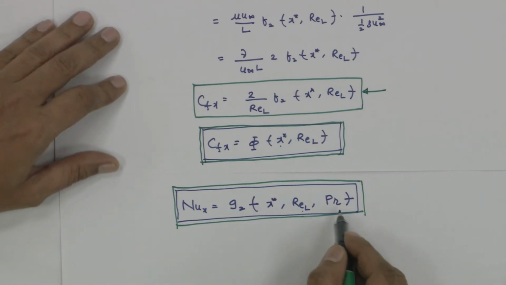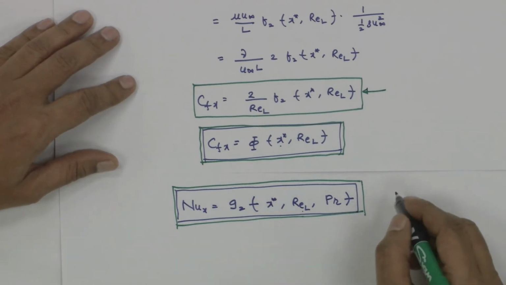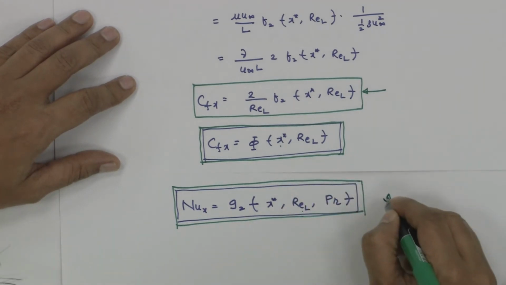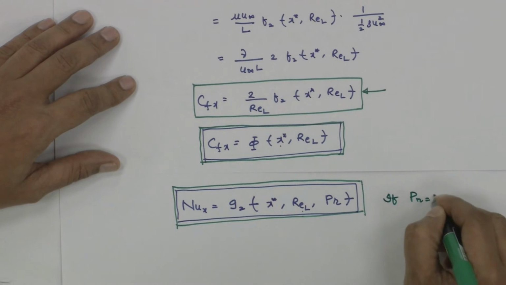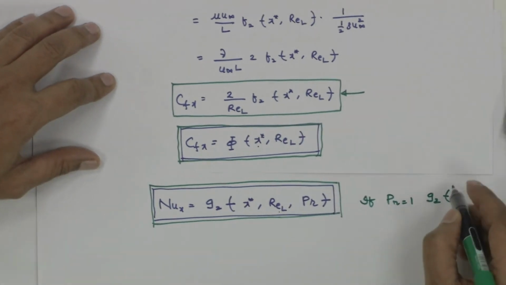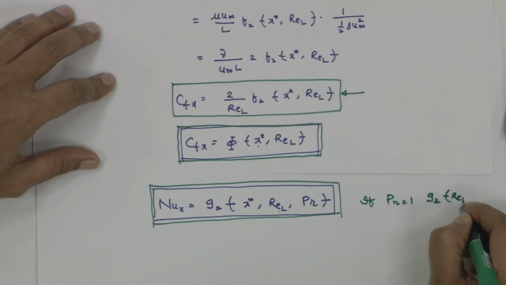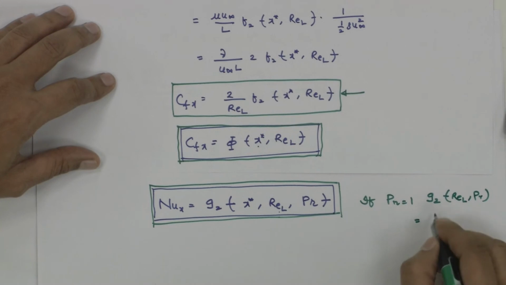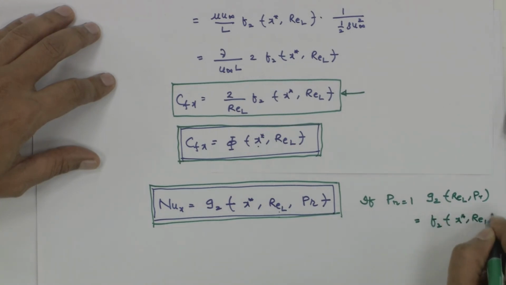Now, if Pr equals 1, then g2(x*, Re_L, Pr) would be equal to f2(x*, Re_L).